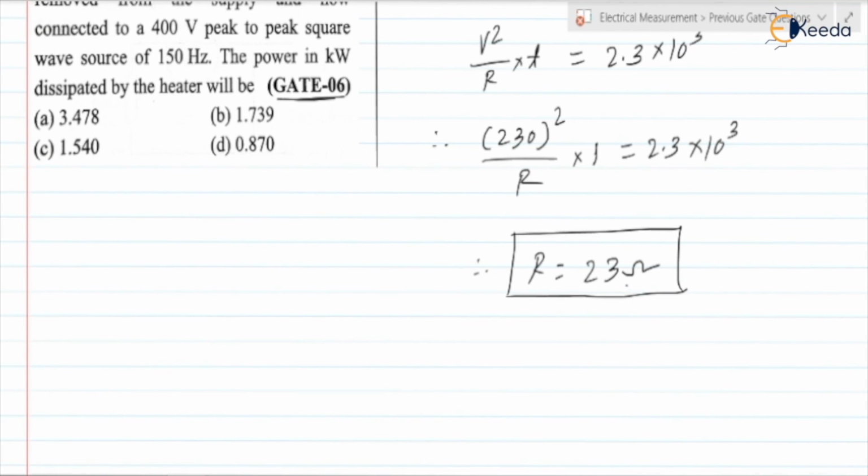Okay, now this heater is connected to a peak to peak square wave of 150 Hz, and the peak to peak voltage is 400 volt. So a square wave of peak to peak voltage 400 will be like a waveform of this type.